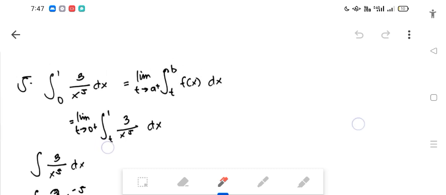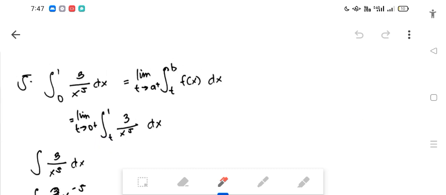So for this example, we're going to find the integral of 3 over x raised to 5 dx from 0 to 1. It takes on the form of the limit of the integral of f of x dx from t to b as t approaches a from the right.